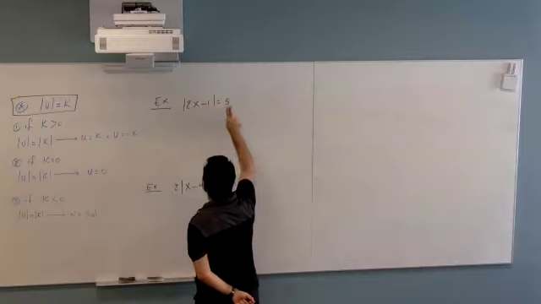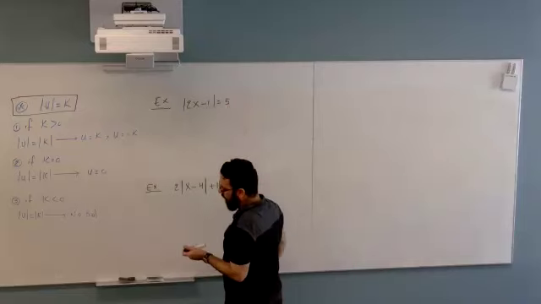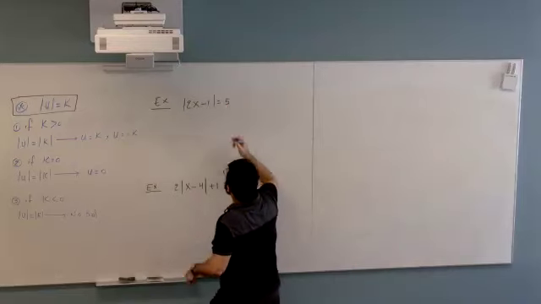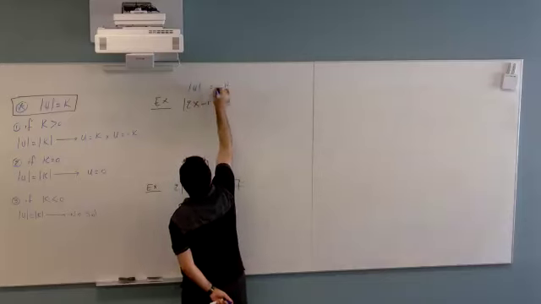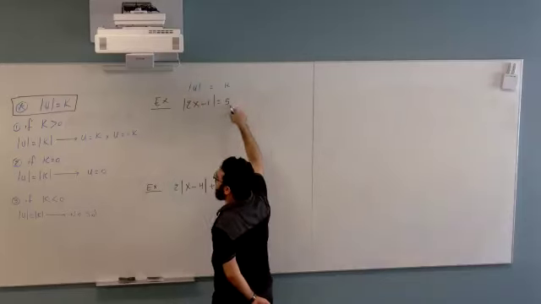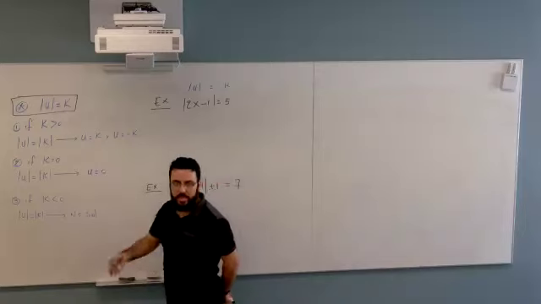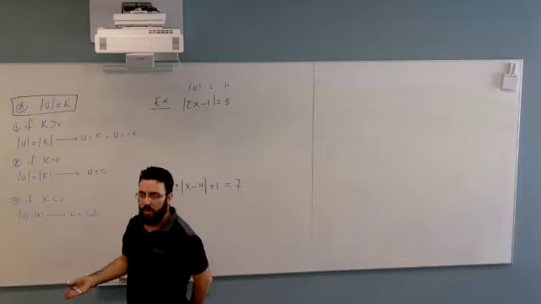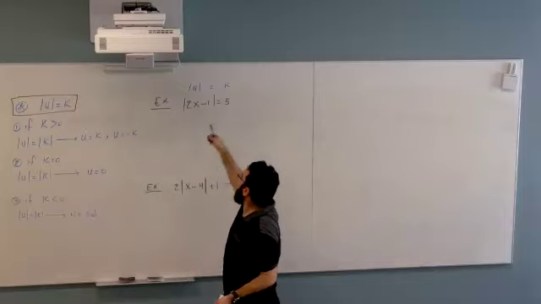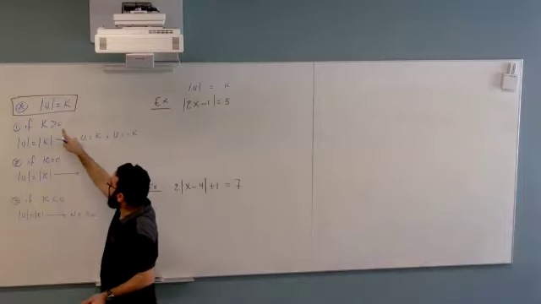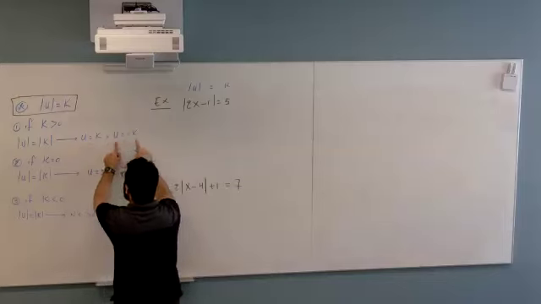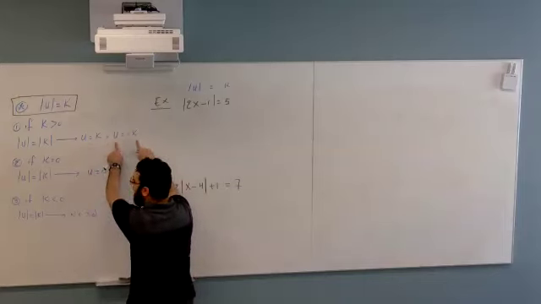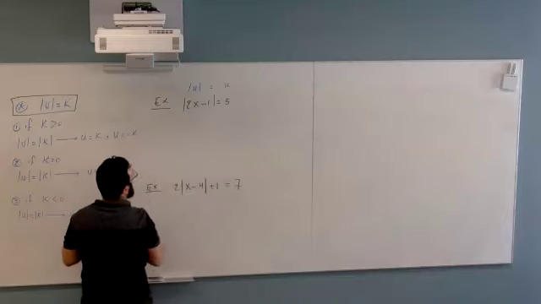The absolute value equals k. This is the absolute value of u, and this is k. Now is k greater than, equal to, or less than 0? Greater than, it's positive. So k is positive. That means u is going to be equal to k, and u is equal to negative k. What is the value of u?